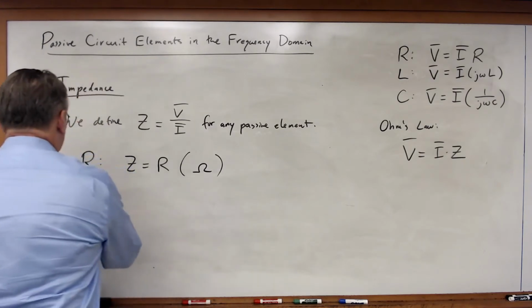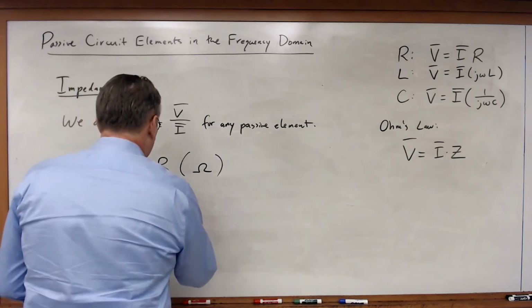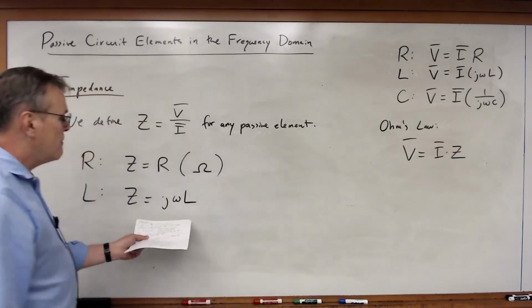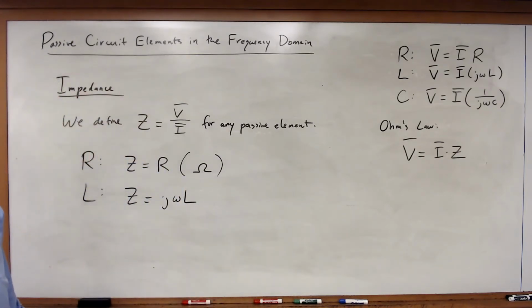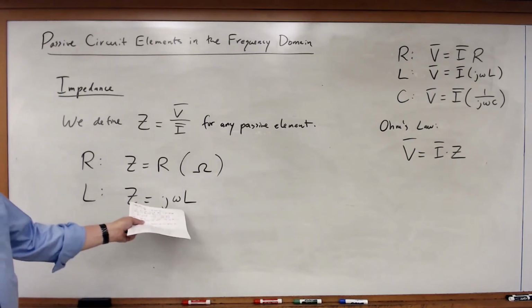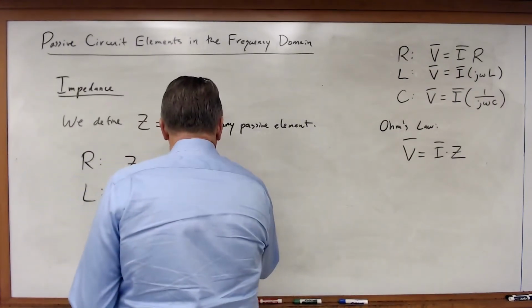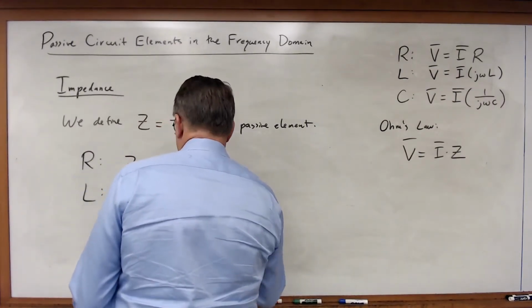For an inductor, Z is equal to j omega times L. So j, the square root of -1, times radian frequency times the value of the inductance. And once again, that has units of ohms.